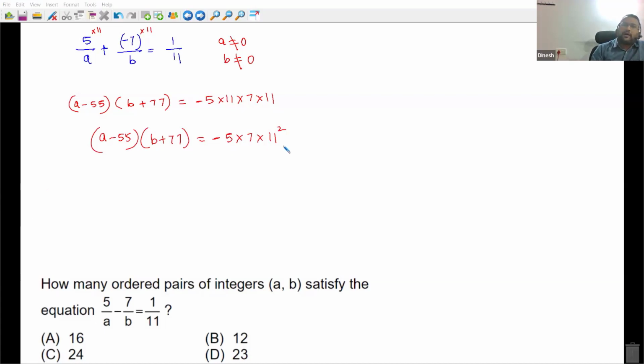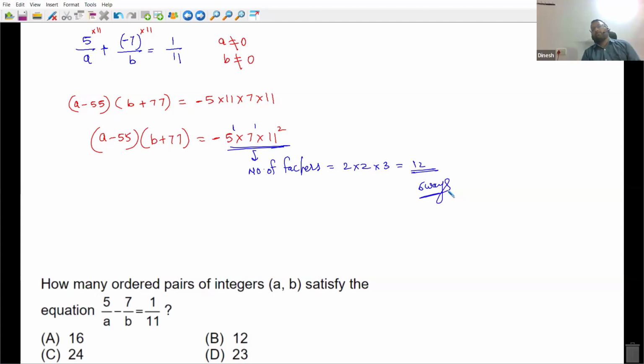So this number is having how many factors? Number of factors is equal to 2 into 2 into 3, that is equal to 12 factors. So there are 6 ways of writing it as a product of 2 factors, everyone.